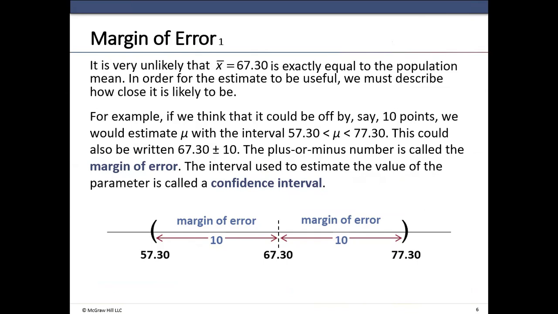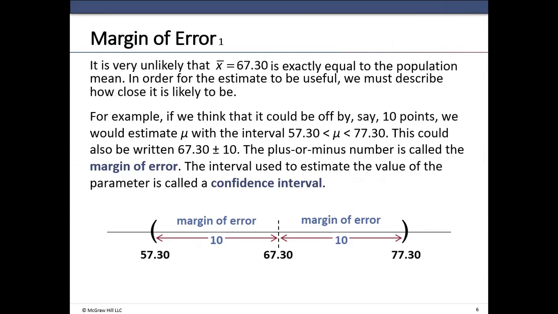For example, if we think that it could be, say, off by 10 points, we would estimate the population mean within an interval. The lower boundary is 57.30, which is obtained by subtracting 10 from 67.30, the sample mean. The upper boundary is obtained by adding 10.